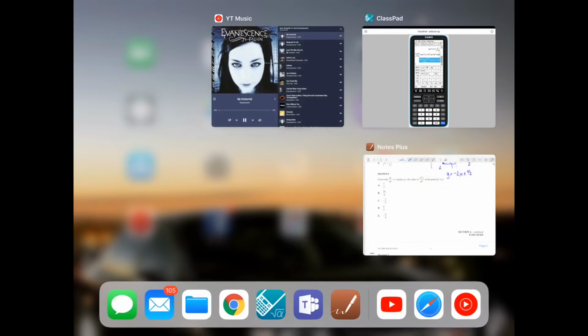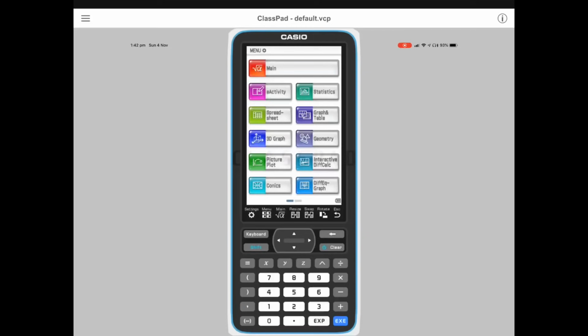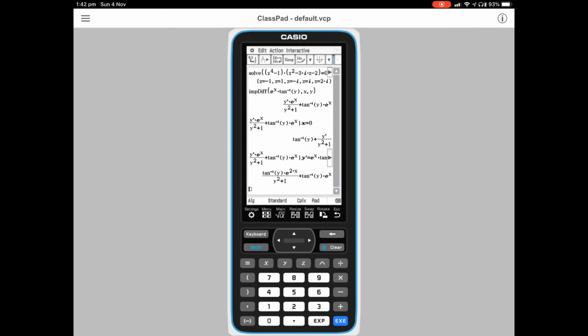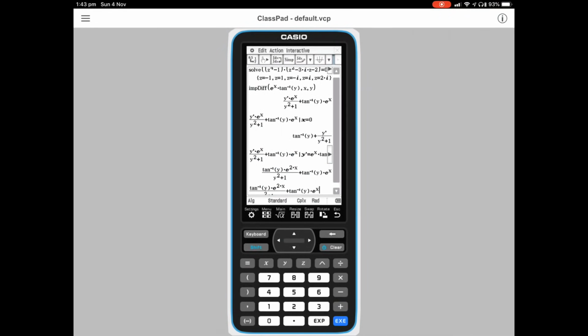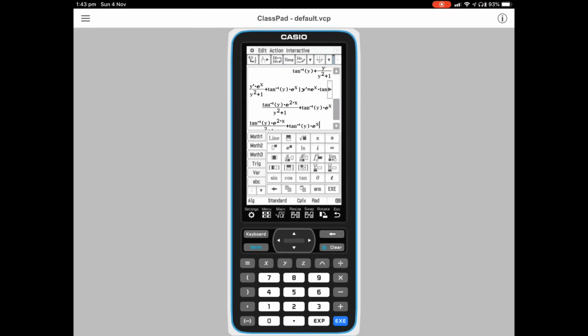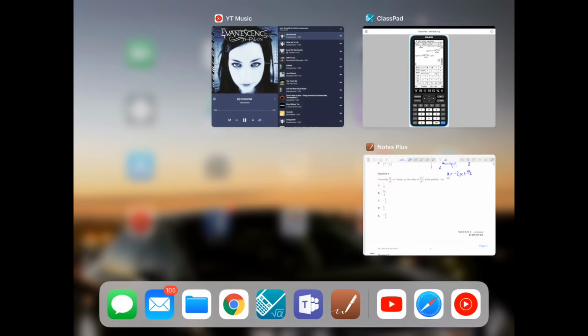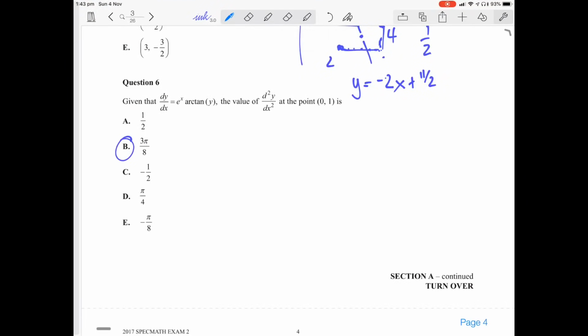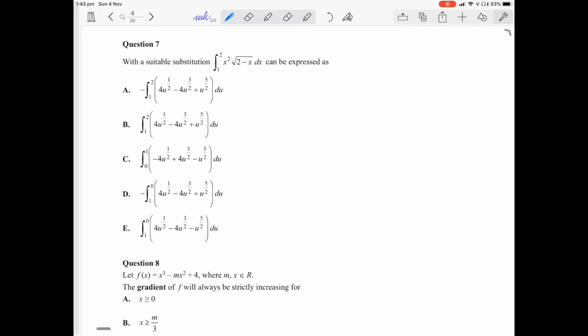I think it's frozen. So given x equals 0, given y equals 1, 3 pi on 8. I'm going a bit slow, I think.